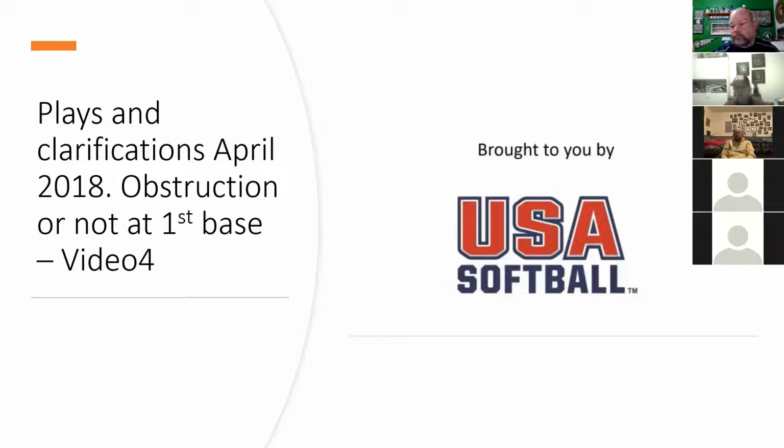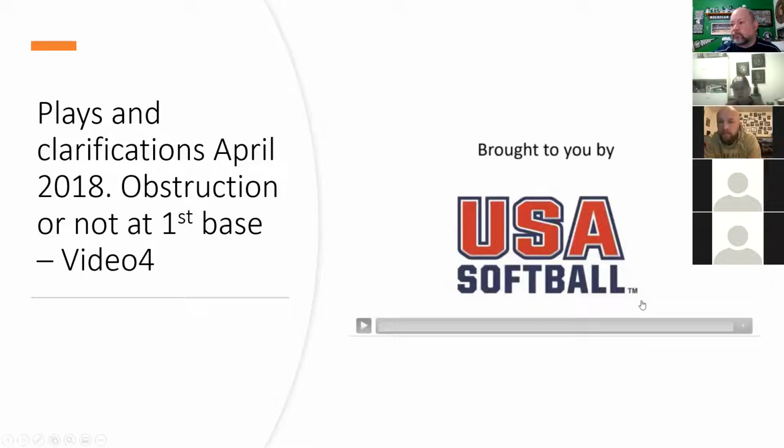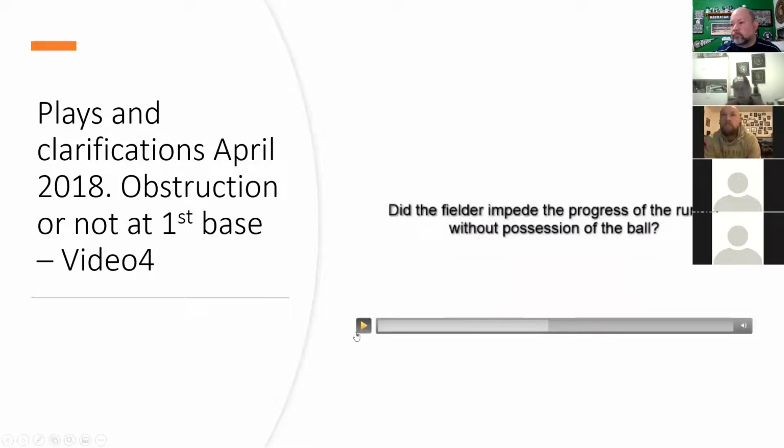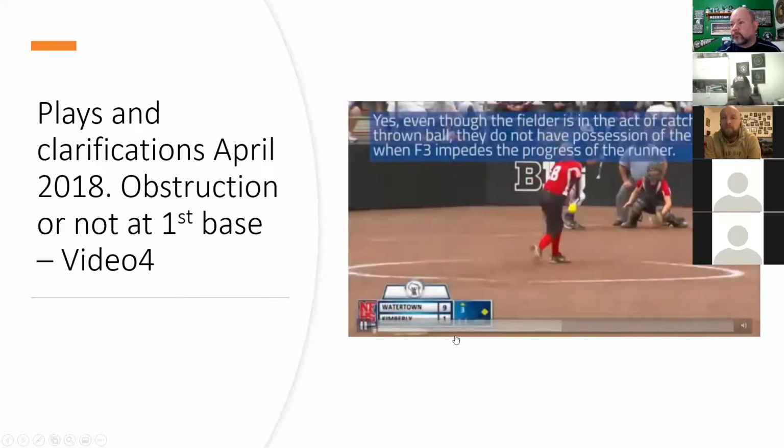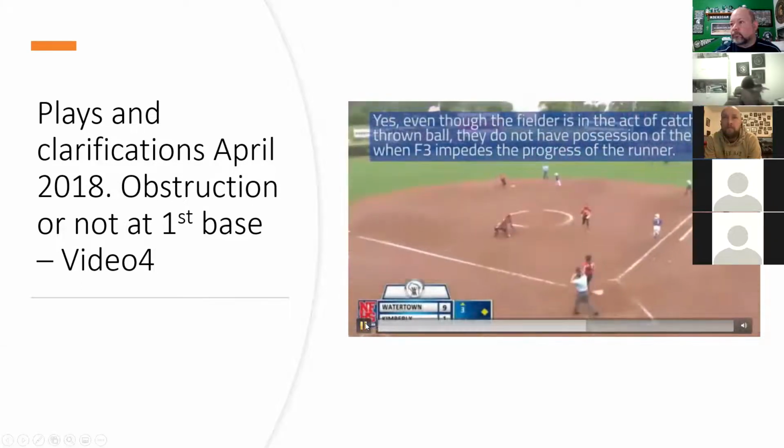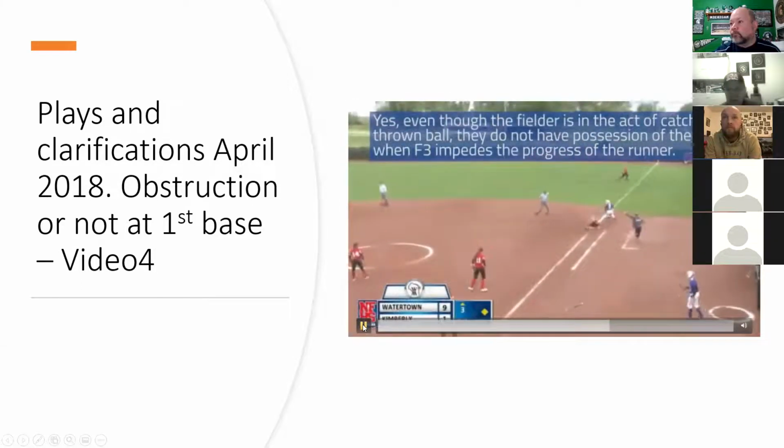I think it's the best one that we've got in a bat and ball game. If the defensive player on a thrown ball makes contact with the offensive player prior to possession, it is obstruction. So on this ball that ends up down the right field line, obviously there was contact with the first baseman prior to the ball being caught. So this also should be an easy call.